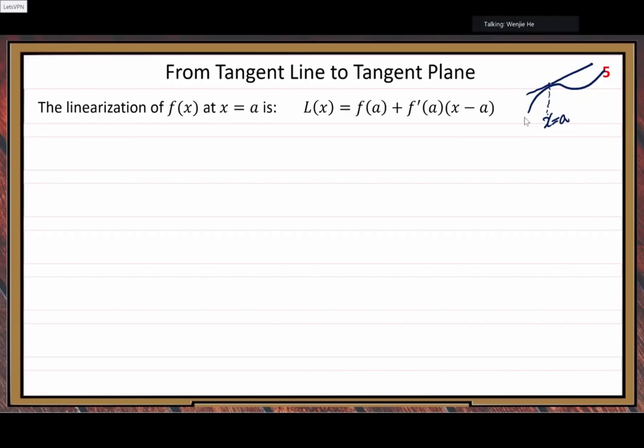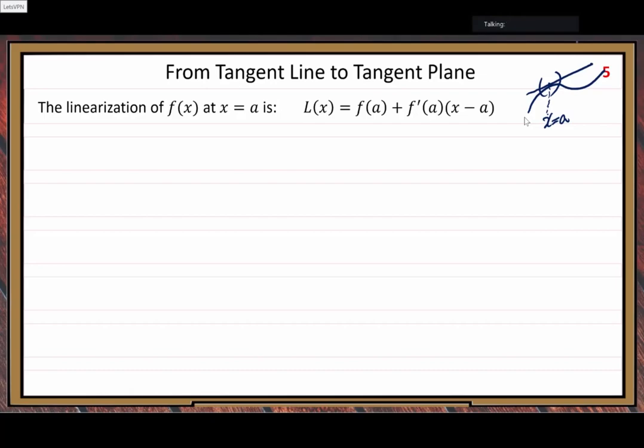You can see that when x is very close to a, the values of these two functions are very close. If far away, then not close. So the linear approximation is not good if x is far away from a. It should be very close to a. The closer, the better.